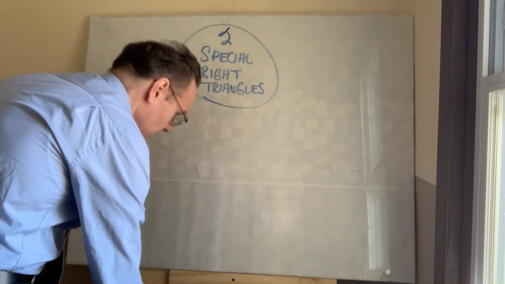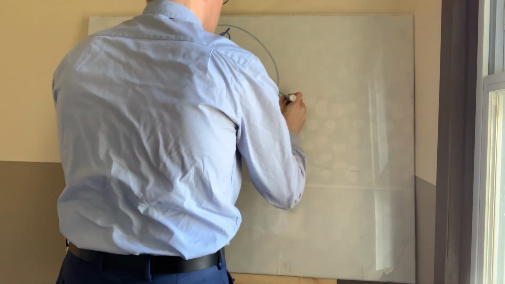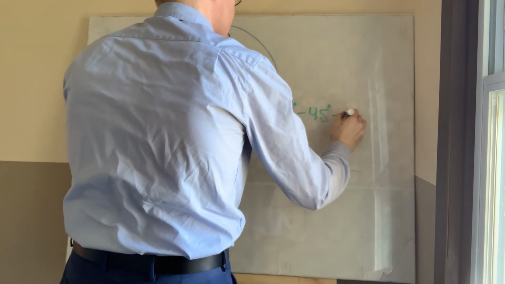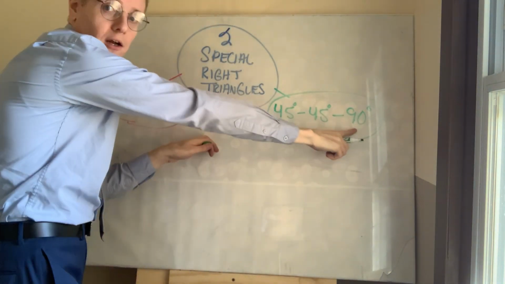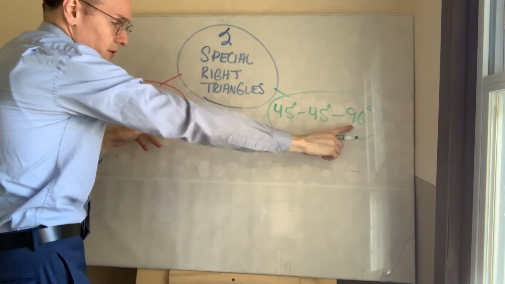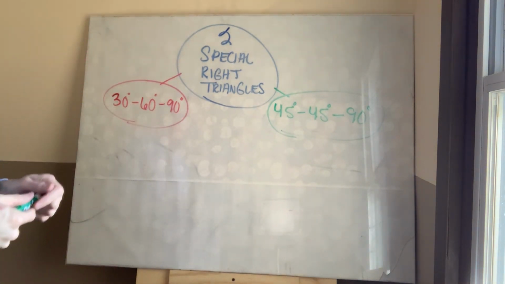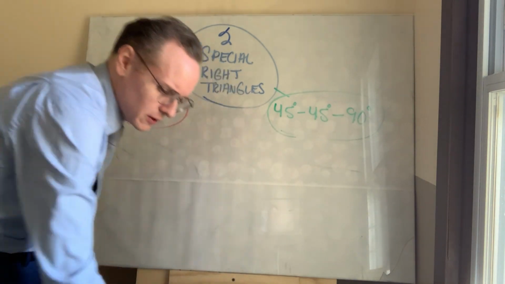And then there's the 45 degree, 45 degree, 90 degree triangle. Again, it absolutely must be a right triangle because it incorporates a 90-degree angle. The angles add up to 180 if you wanted to really obsess over the fact that the triangle must be 180 degrees total. Anyhow, they look like this.